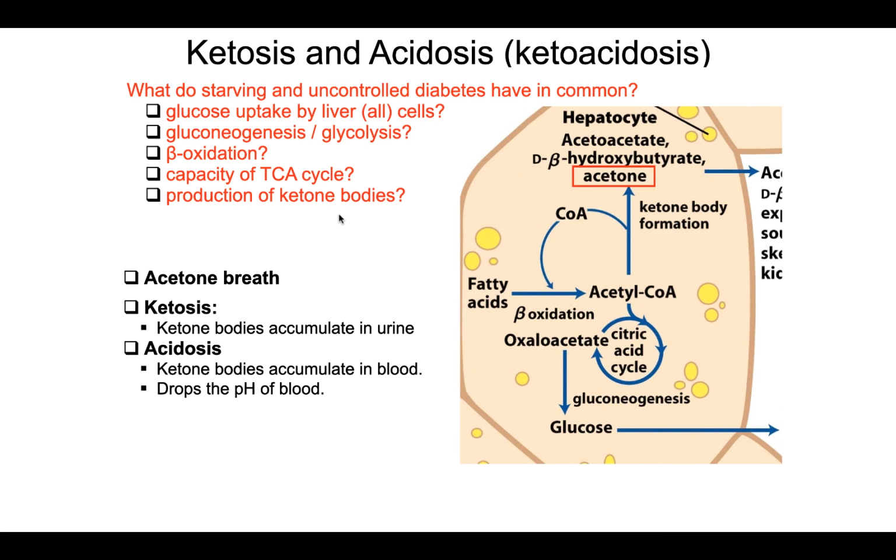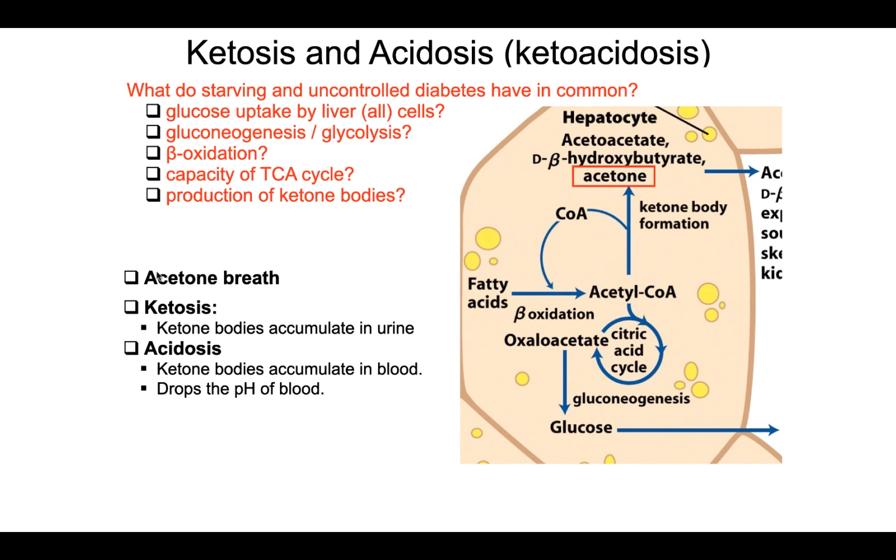And if this condition persists too long, if your diabetes is not under control, if you go too long fasting and your blood glucose level stays too low for too long, and you allow these ketone bodies to increase in production for too long, what you're going to end up with is, number one, that unintended reaction, the formation of acetone, which you'll be able to smell on people's breath as almost a nail polish, fruity smell.